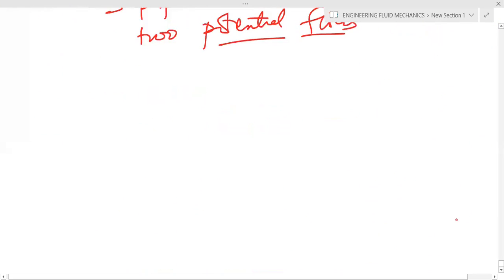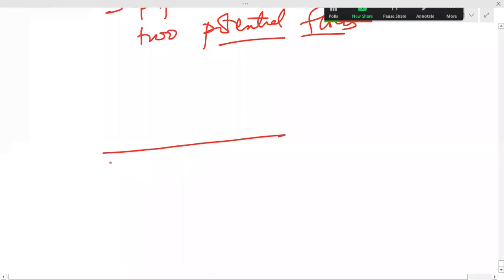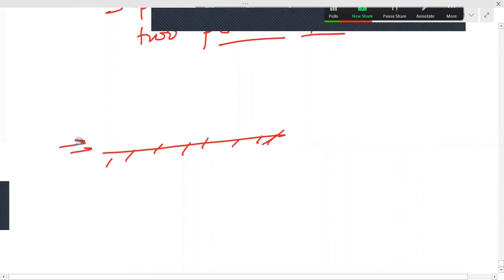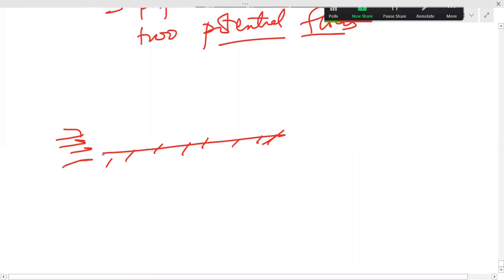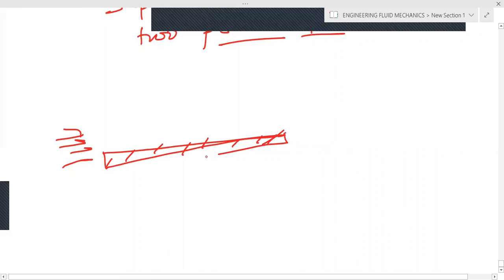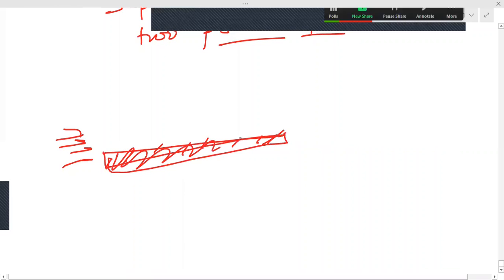So what does that tell you? Now please be careful in this. So if this is a plate and fluid is flowing past this plate, say the plate is like this. This is a solid plate and fluid is flowing past it.